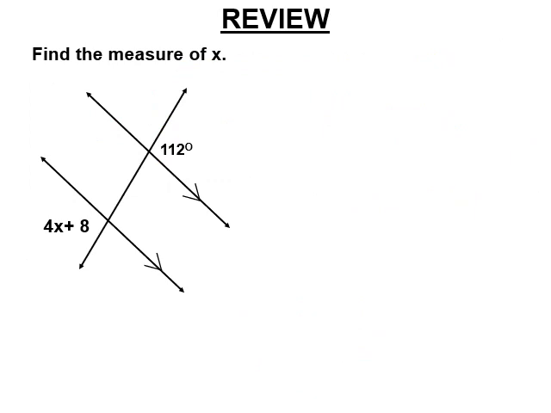Okay, find the measure of X. All right, well, we could do this many ways, but this is 112. That means that's 112. All right, so we have vertical angles there. So that means 4x plus 8 equals 112. They don't add up to 180. They're not side to side. They're not adjacent along a straight line. They're congruent. They're vertical.